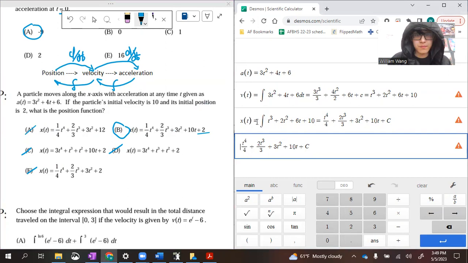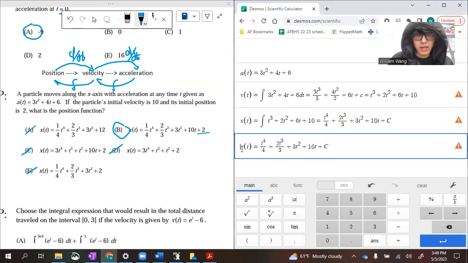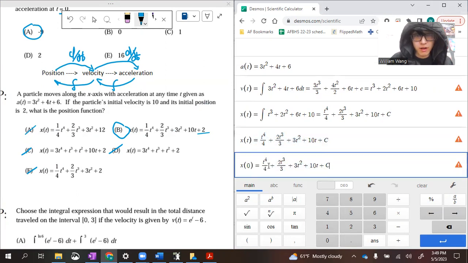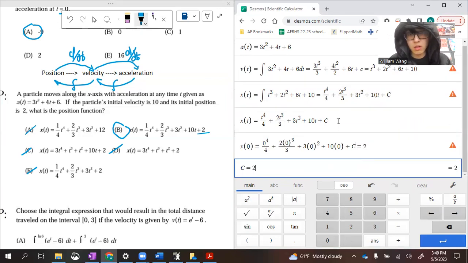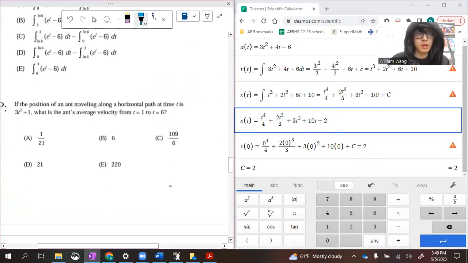That means when I plug in 0, which is my initial position, I plug in 0 for everything. So 0 to the 4th over 4 plus 2 times 0 cubed over 3 plus 3 times 0 squared plus 10 times 0 plus c. This all still equals 2, which means my c must equal 2. So when I go back here, c equals 2. That matches up with my answer choice B.